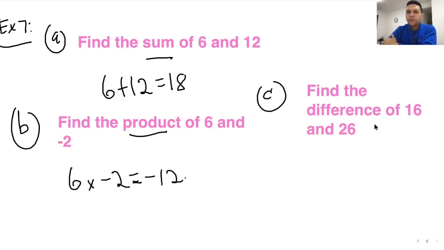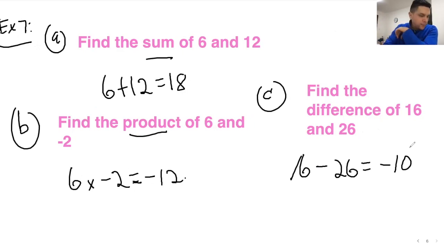Okay, so for the difference of 16 and 26, our 16 is going to come first, and we are subtracting, right? And this will give us negative 10, right? All right, let's do one more.